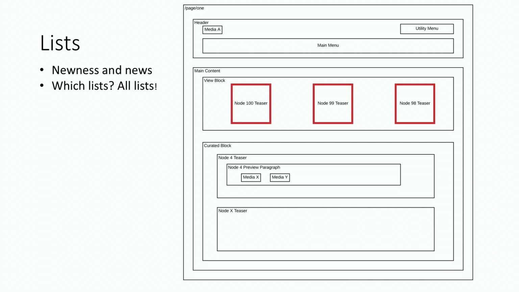So for instance, this is an example of a view that's showing the latest content, the latest nodes, 100 through 98. And we had node 101. The problem is it's a really tricky problem to solve how to invalidate the right lists when new content is added or content in the list has potentially changed.